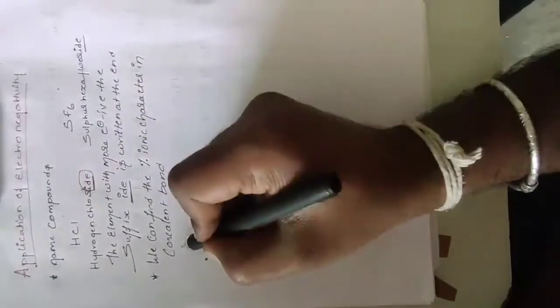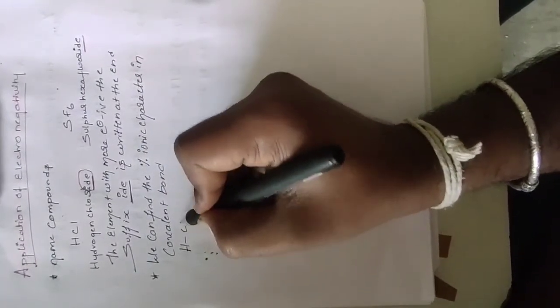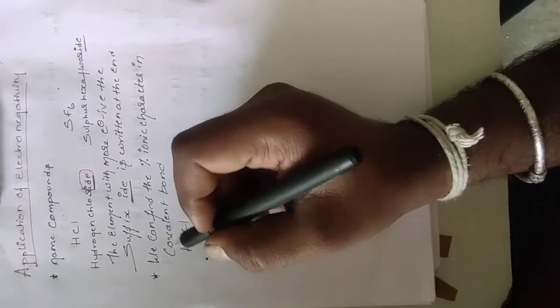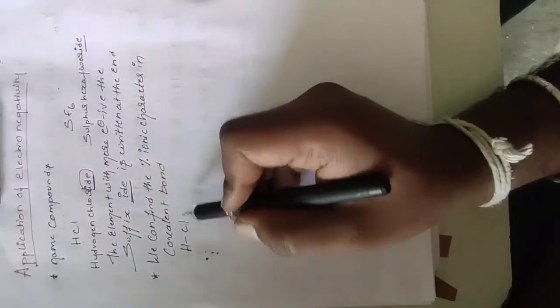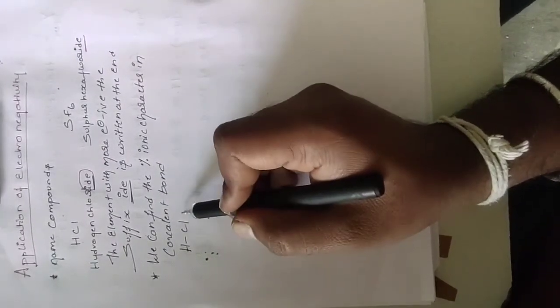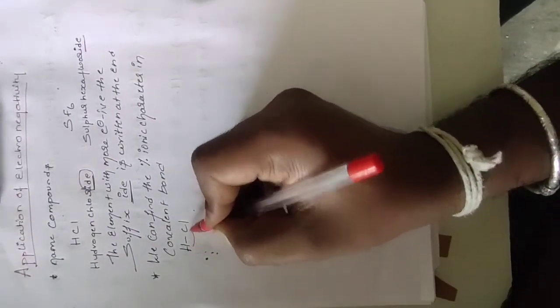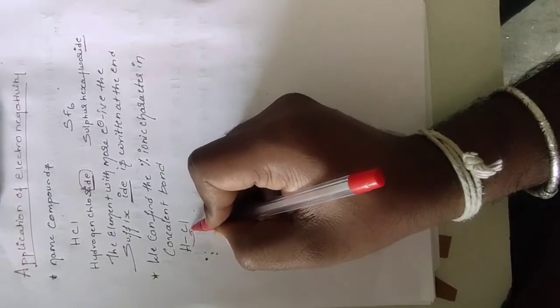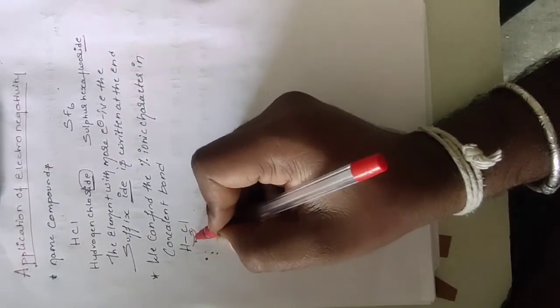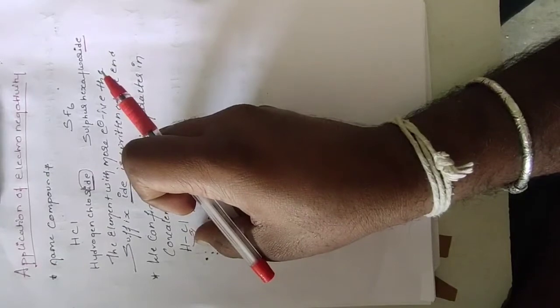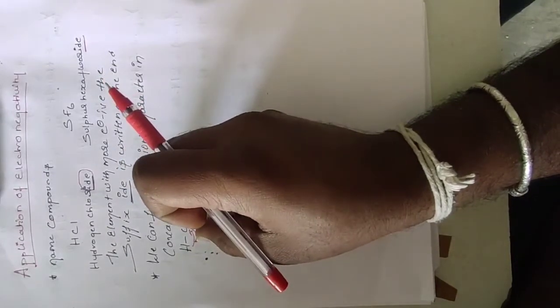We take HCl. It has a covalent bond, sharing of electrons between non-metal atoms. The previous one I explained, the electrons are sharing. Then it is a covalent bond, sharing of electrons between non-metal atoms.